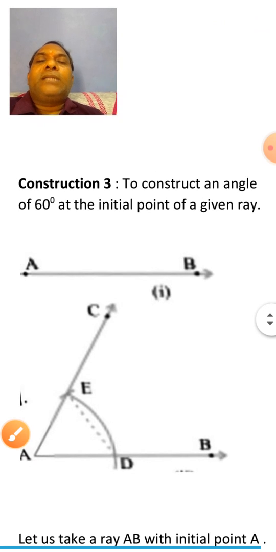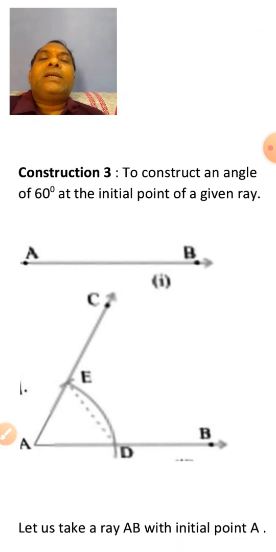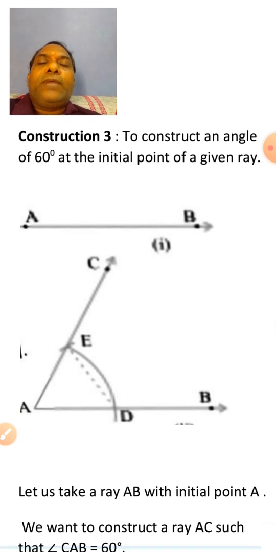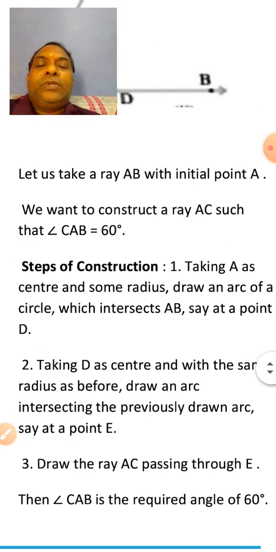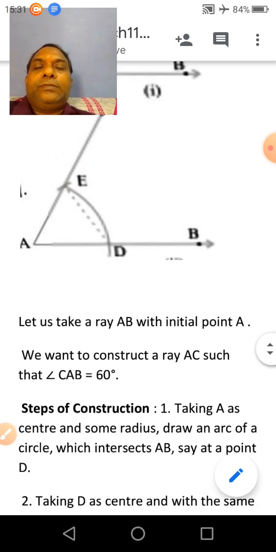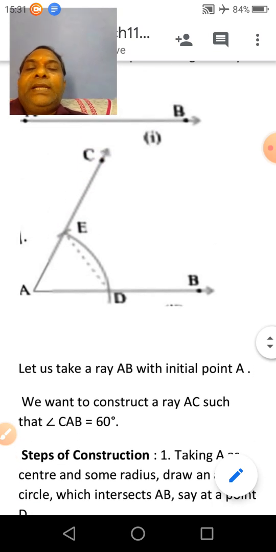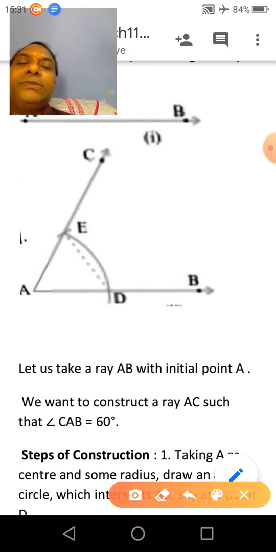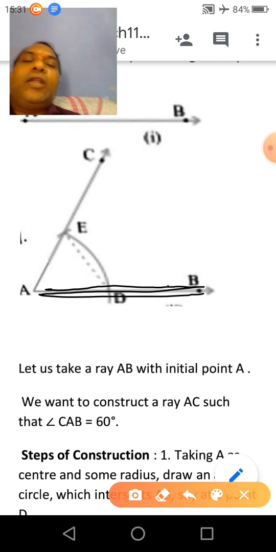Now the third construction: to construct an angle of 60 degrees at the initial point of a given ray. Here ray AB is given, and you have to draw an angle of 60 degrees. Clear?